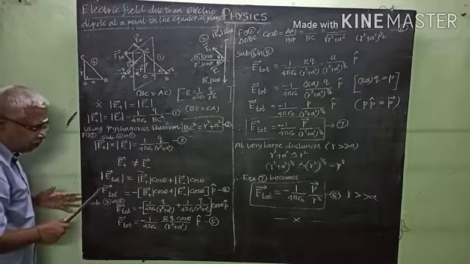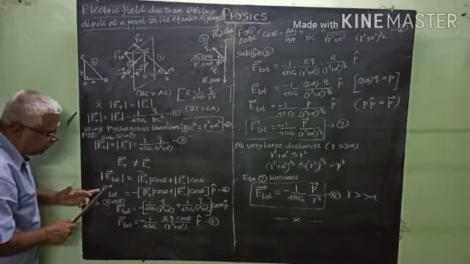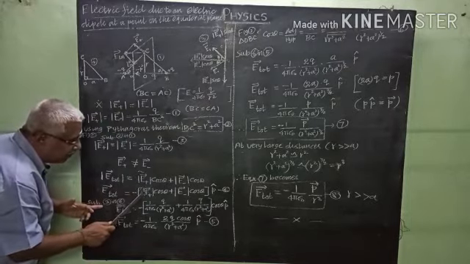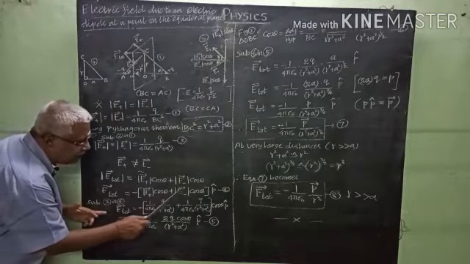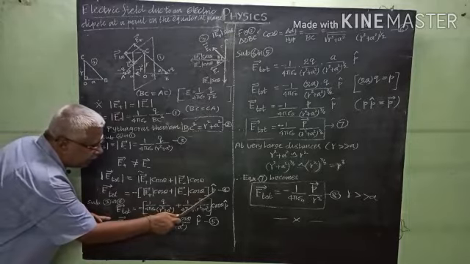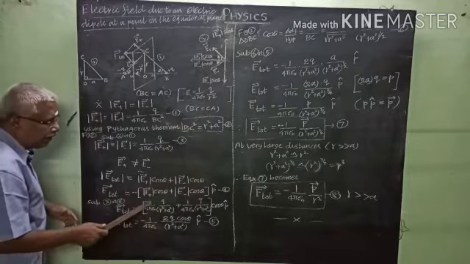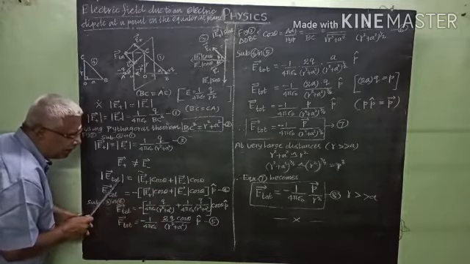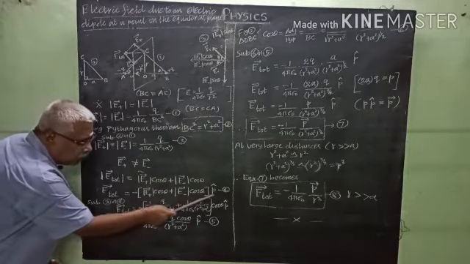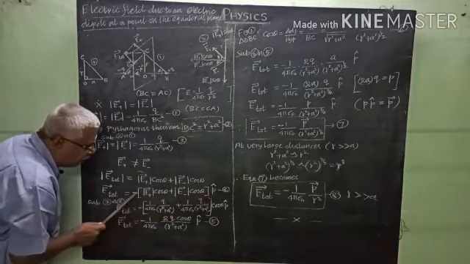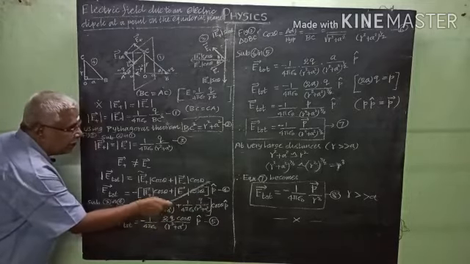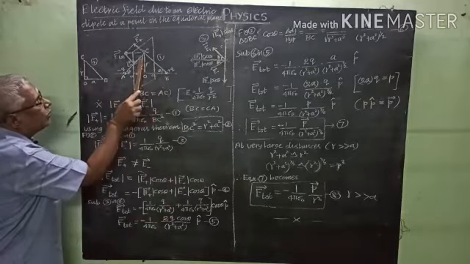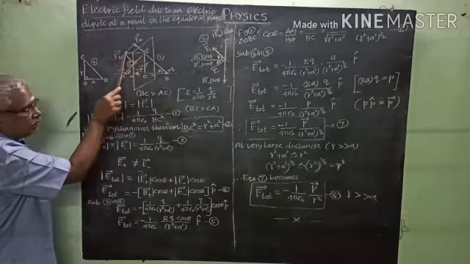But writing in vector form, E total vector is equal to minus modulus of E plus cos theta plus modulus of E minus cos theta into p cap. Why are we writing this? Because the direction of the total electric field is opposite to the direction of the dipole moment, so minus p cap. The direction of the dipole moment is from minus Q to plus Q, and here the total electric field is in the opposite direction.